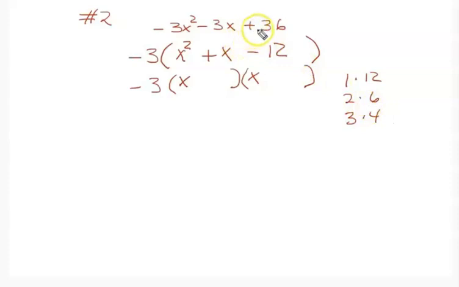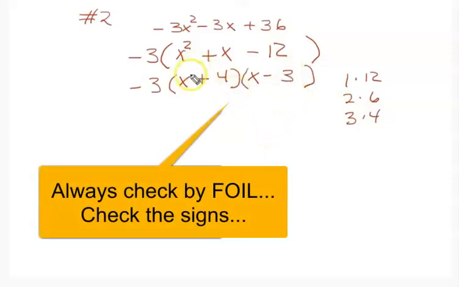And notice now that our c term is negative, while our b term is positive. So here we're going to have unlike signs. One's going to be a positive, and one's going to be a negative, to give you that -12. So we're looking for subtraction, and we need a difference of 1 here. And we need a positive 1. So our 4 will be positive. Our 3 is going to be negative. All right. Now we do the FOIL.